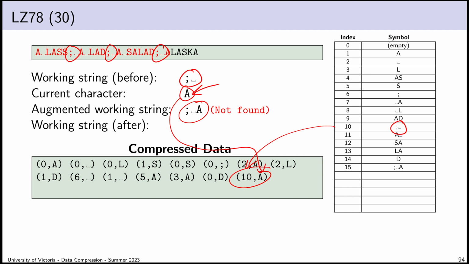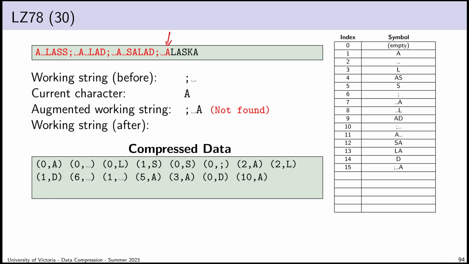And what I hope you'll notice about this is here, at this step, when I'm encoding at this position, I go looking for semicolon space A, and that's not in the table. So I don't get to emit this as what would amount to a 3-character back reference. Although if you stare at the input, semicolon space A has occurred 2 other times.